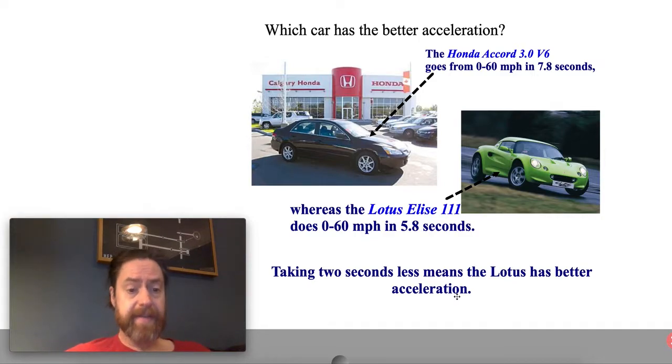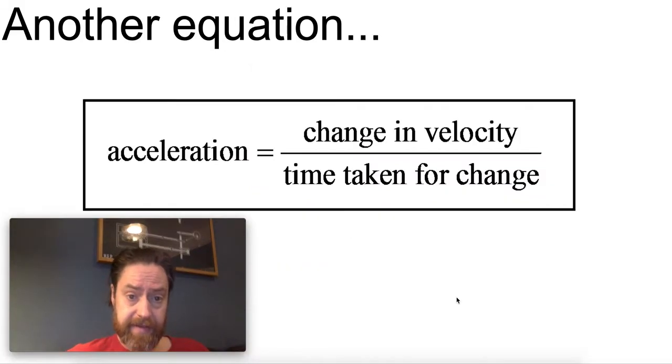And we do the same thing for acceleration. Acceleration can be calculated by working out how much velocity changes in a certain time. So it gives us this equation. Acceleration is the change in velocity divided by the time taken for the change.